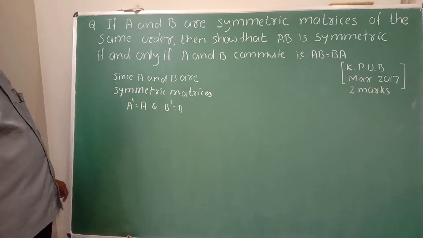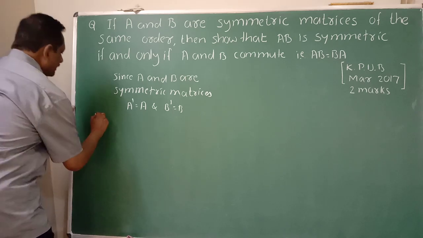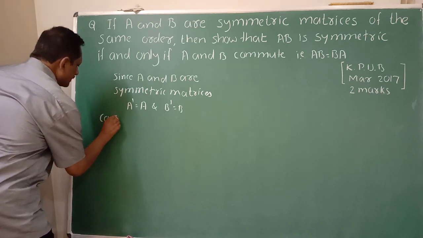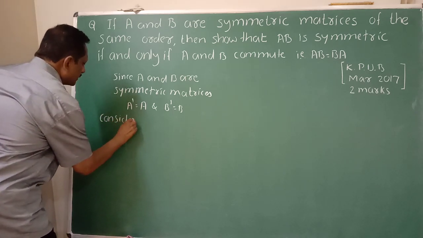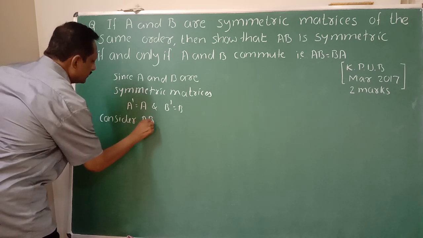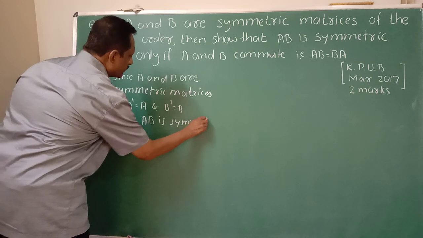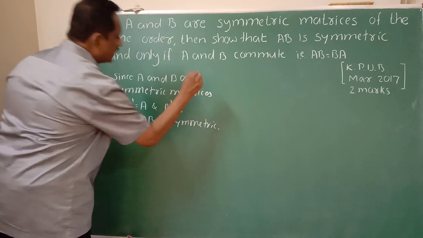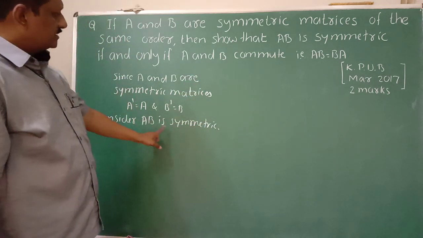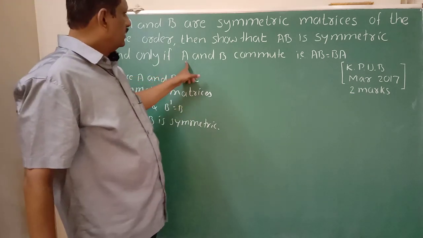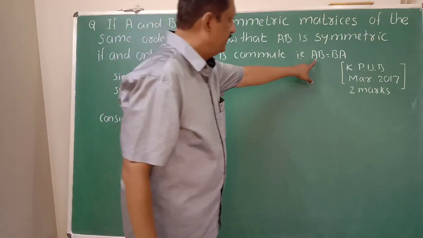Now consider AB is symmetric. If you consider AB as symmetric, then you have to prove A and B commute, meaning AB is equal to BA.